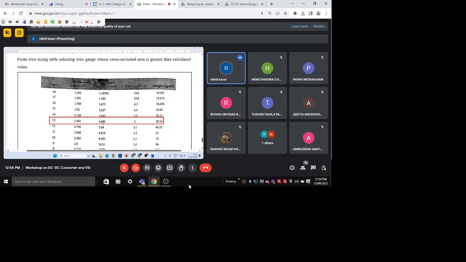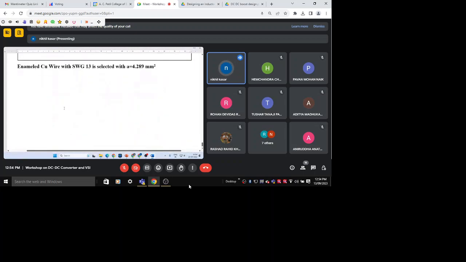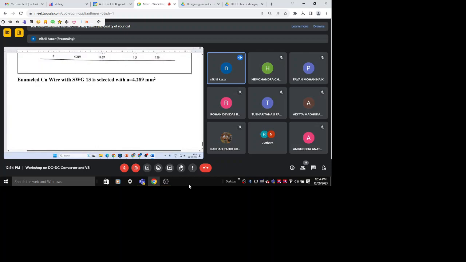Diameter will be 2.4. Resistance per kilometer is 4. I will use all the values for my winding. So the enamelled copper wire that I am going to use for winding my inductor, having standard wire gauge, SWG stands for standard wire gauge, it's 13 and its area is 4.28 millimeter square according to the wire table.